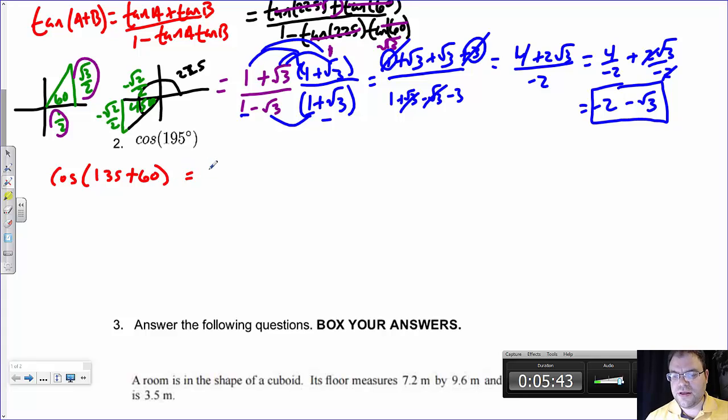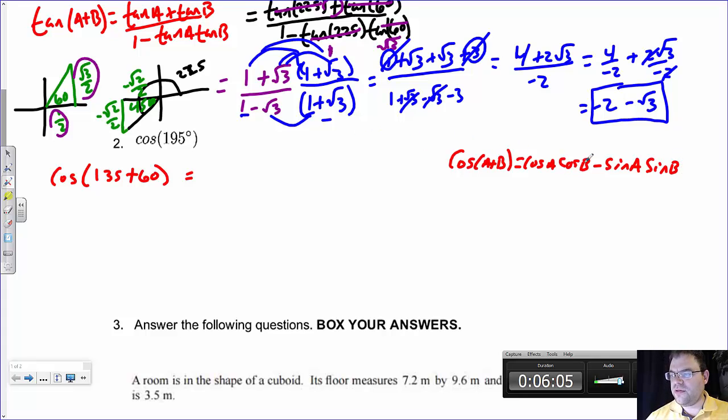So I use my formula chart again, and I see that the cosine of a plus b will equal, let's actually write that, okay? I'm going to write that over here. The cosine of a plus b is equal to the cosine of a times the cosine of b minus the sine of a times the sine of b. That's the formula we're going to use.